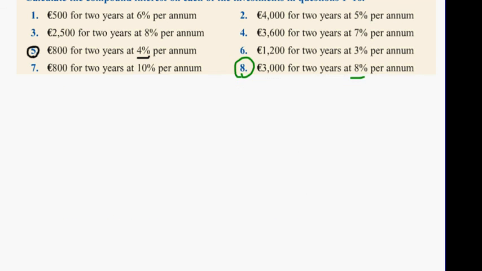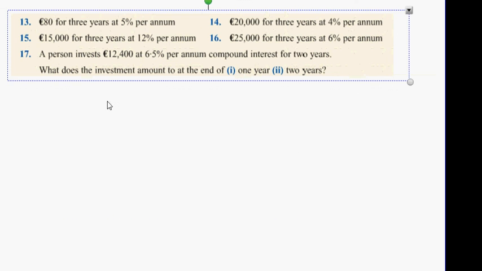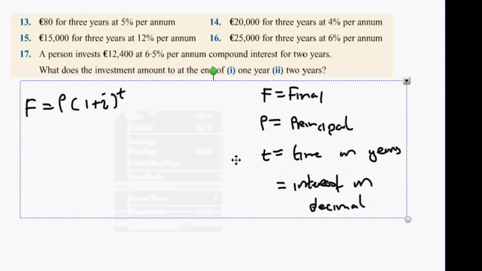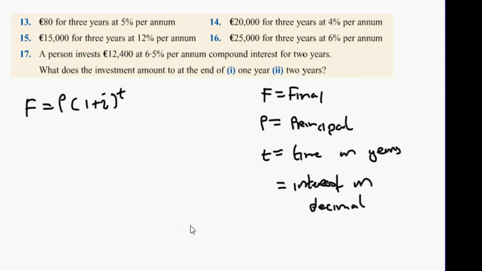And then what we have here is a tougher question, okay? So, question 16 as an example. Are we ready for question 16? What's the p-value? 25,000. What's the I value, Aaron?